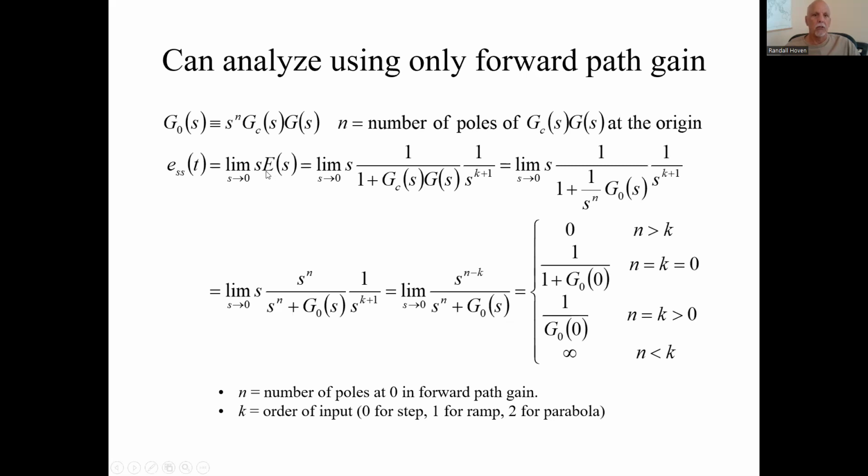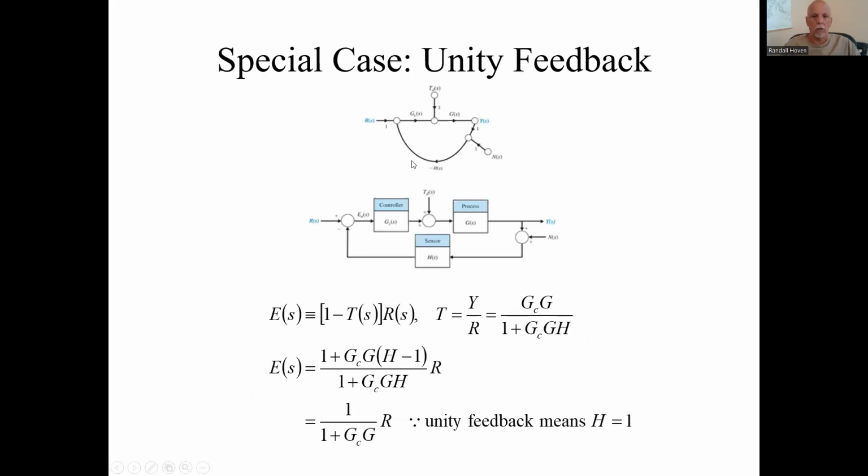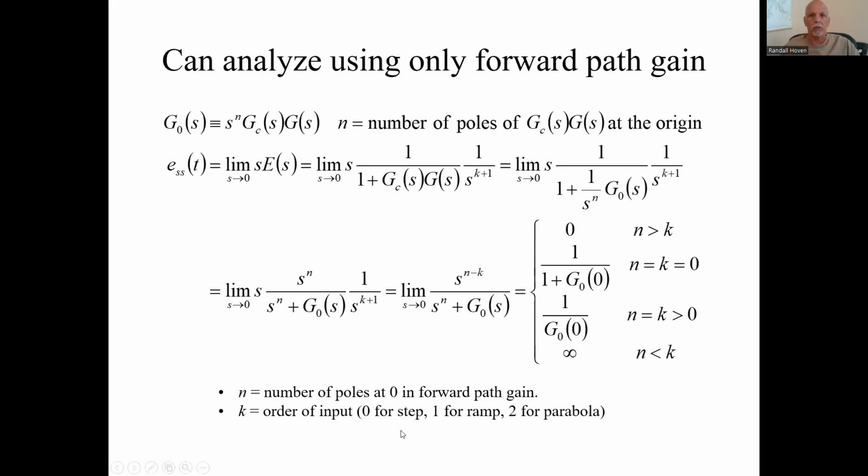And what is it? Well, this error is this. It's transfer function times whatever the input R is. Here's the transfer function, and we limit ourselves to three different kinds of inputs.